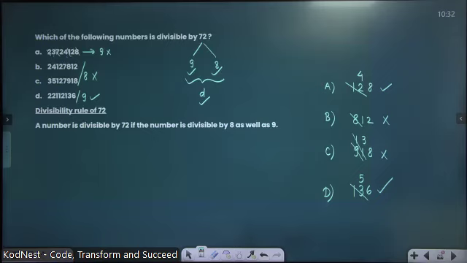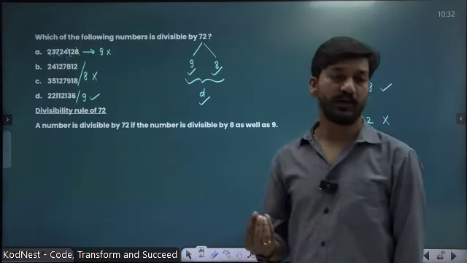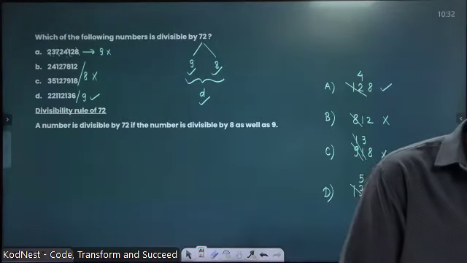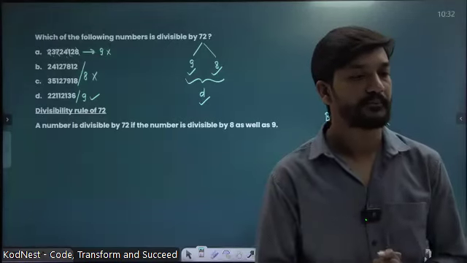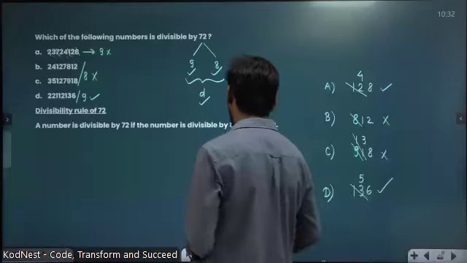So why will you take 9 and 2 for 72? Only these two you will take, okay? Don't think anything otherwise. Okay, Mrityunjay? You might be missing something. See, please.